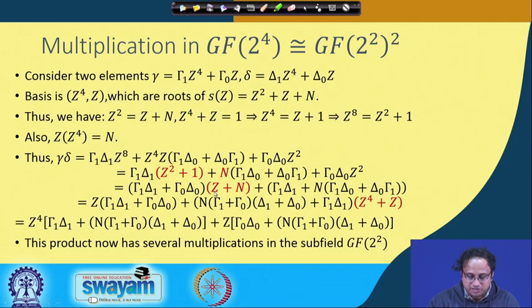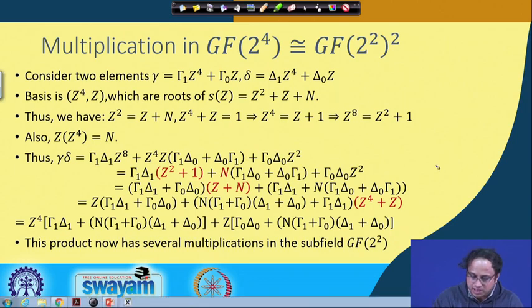Again, I have to bring the result back into z^4 and z, which is my basis, and therefore I do a similar trick: I replace z^2 as z plus n, and I get two parts, one which has essentially z, and the other part which is a constant. Now I have to write 1 as z^4 plus z, so I plug in this z^4 plus z instead of 1.